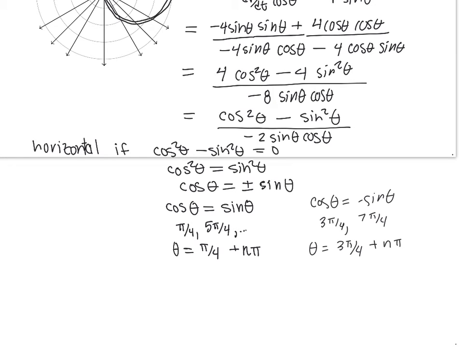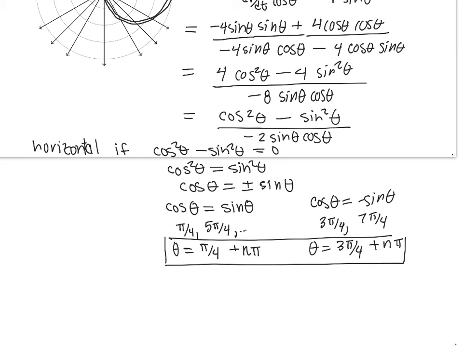And so now let's move on to the vertical tangents. We'll have vertical tangents if negative 2 sine theta cosine theta is equal to 0.